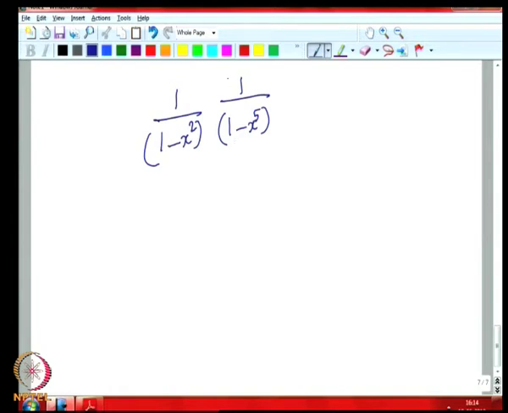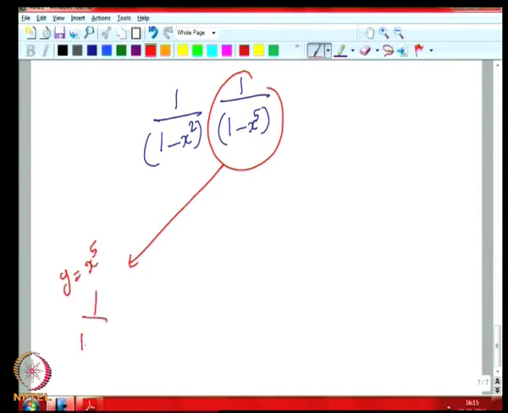If you have any doubt on this one, put y equal to x raised to 5 and consider 1 by 1 minus y. This is 1 plus y plus y square plus and so on, and when you substitute x raised to 5 in that, you will get 1 plus x raised to 5 plus x raised to 10 plus x raised to 15 plus and so on, right.